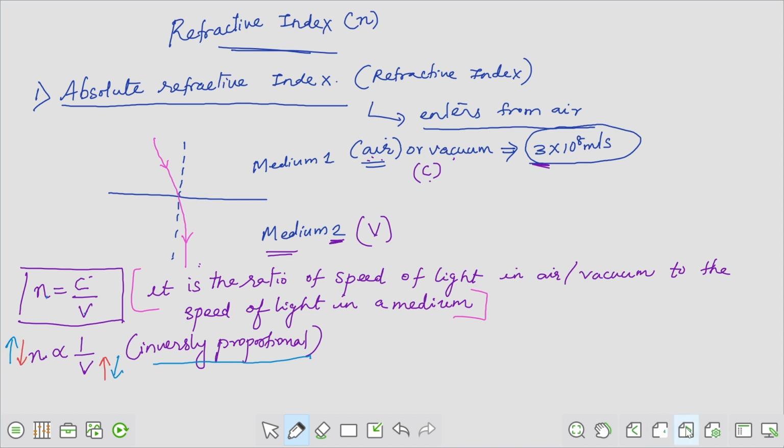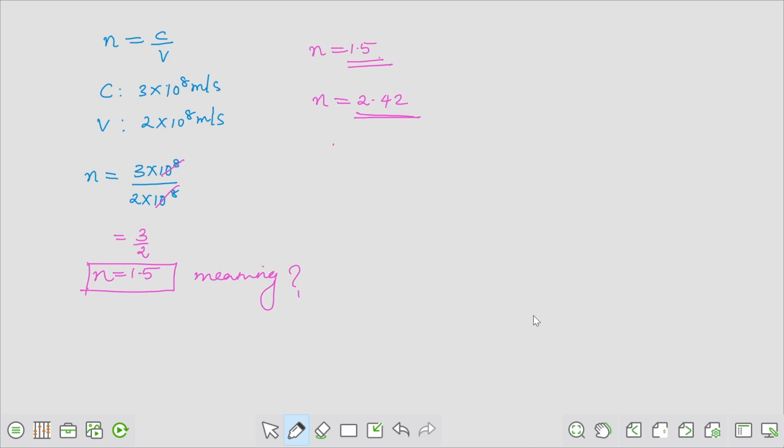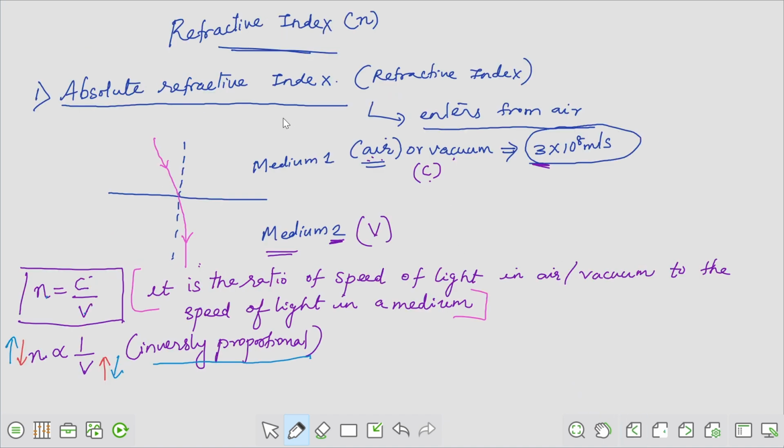Now let's understand the second type of refractive index, that is relative refractive index. In absolute refractive index, I have told you light always enters from air or vacuum to any other medium, right?